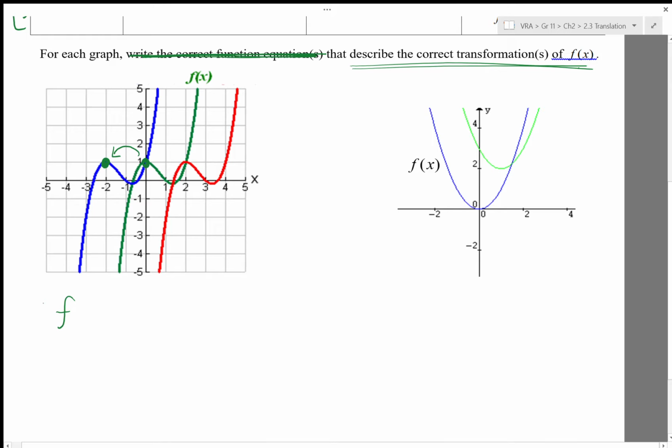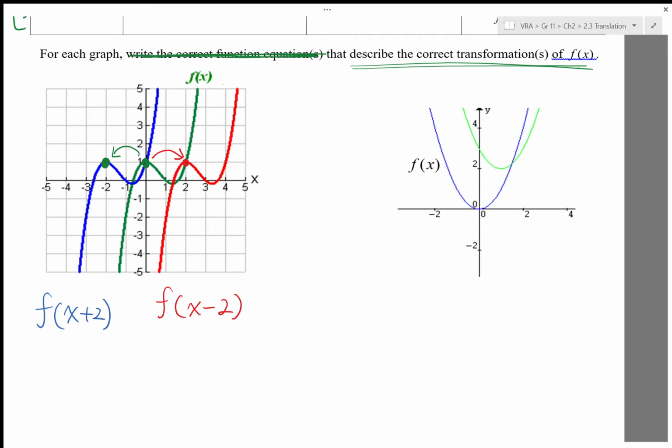So what happened to the blue is that it's f(x plus 2), because it moved to the left by 2 units. Now next one is the red. Same, because it moved to the right by 2 units, so it should be f(x minus 2). The f didn't move up or down for the blue or the red, so it only has the horizontal translation so far.